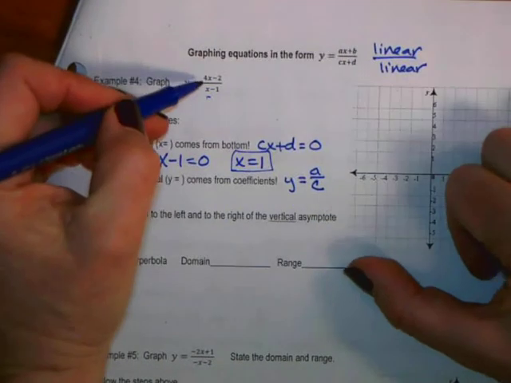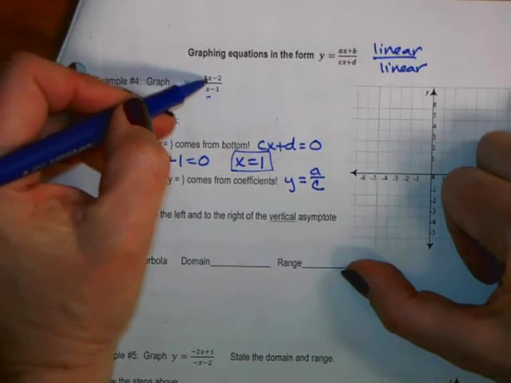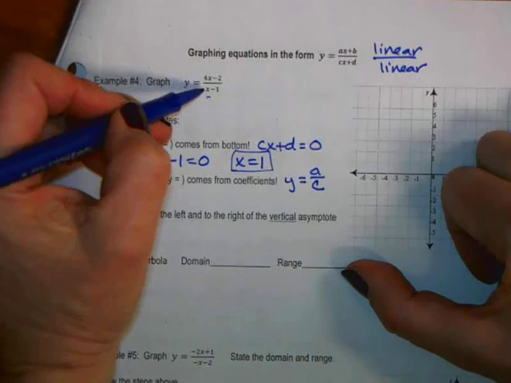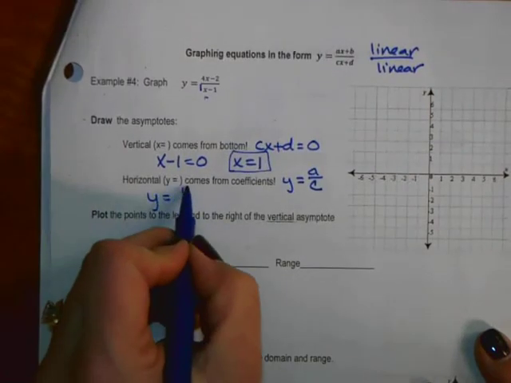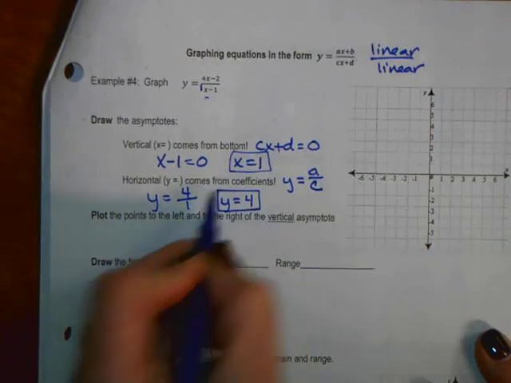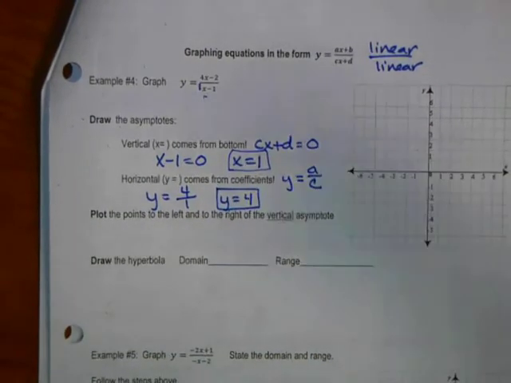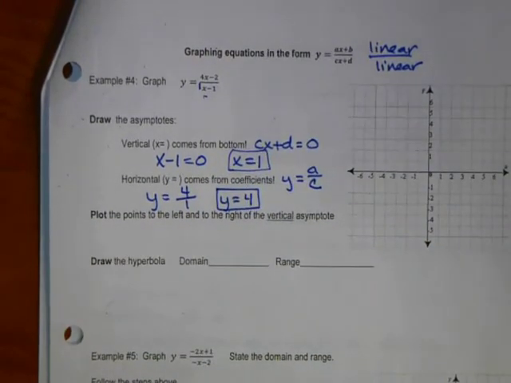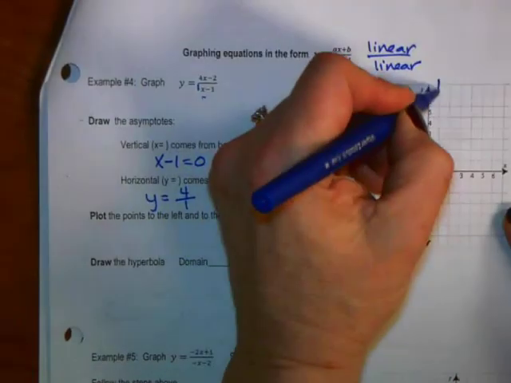What's my a and my c here? 4 and 1, because there's a 1 in front of here. So my y is going to be 4 divided by 1, so my y is 4. That's what's slightly different when you have a linear and a linear. So graph those. X equals 1.